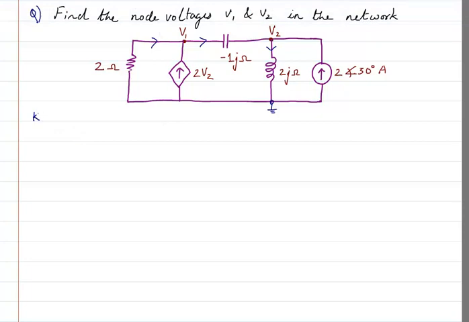So KCL at node 1. So it is going to be minus of V1 by 2, then this is incoming, so this is plus 2V2, and this is going to be minus, because it is outgoing current.